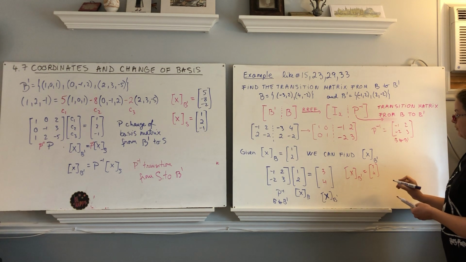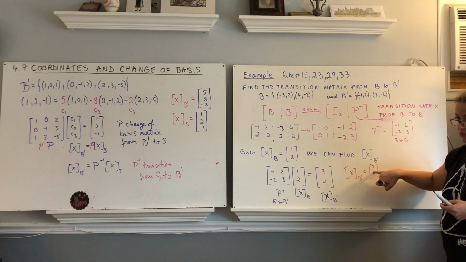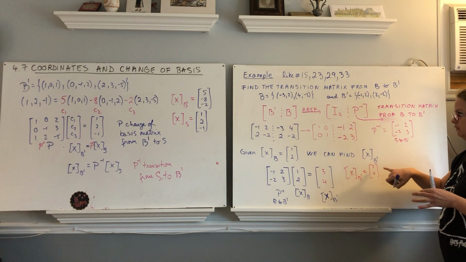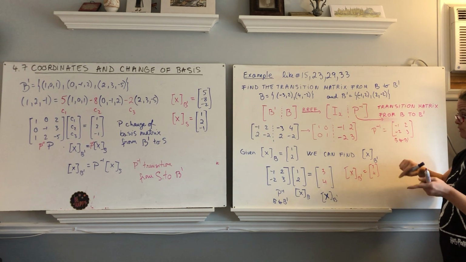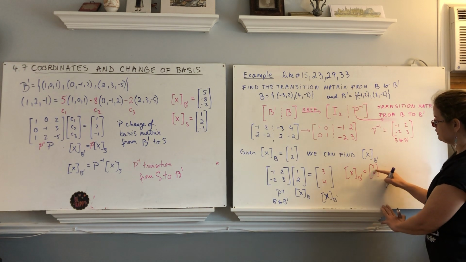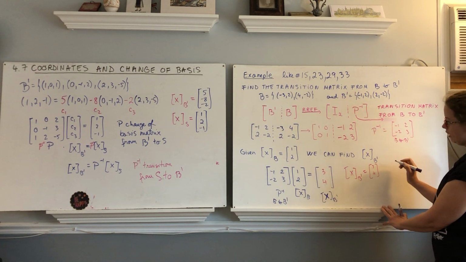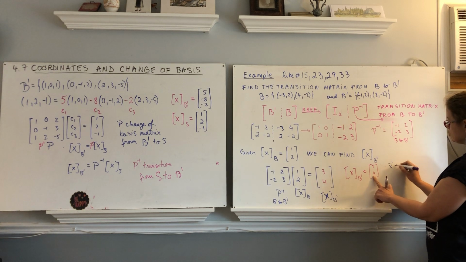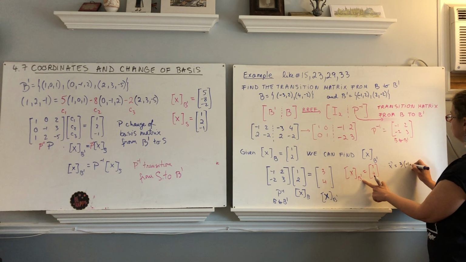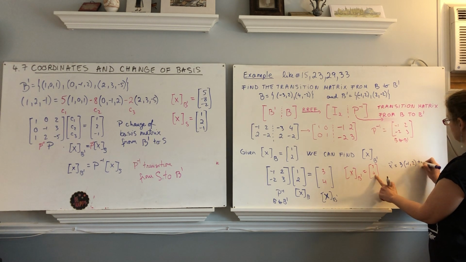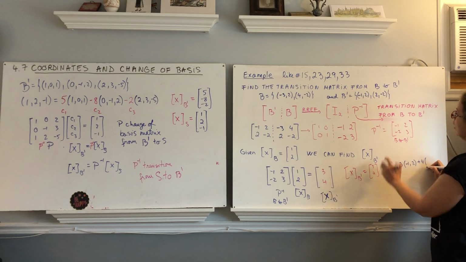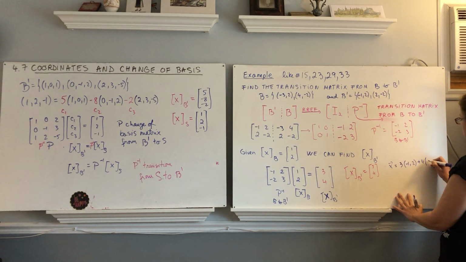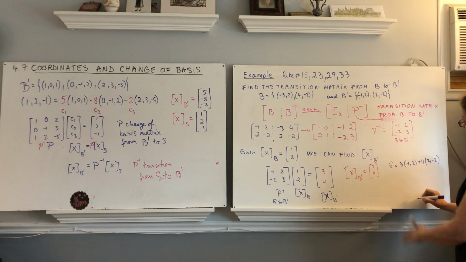It means that for me to get the coefficients with respect to the standard basis of this vector, X with respect to the standard basis should be 3 times the first vector in B prime, -1, 2, plus 4 times the second vector there.